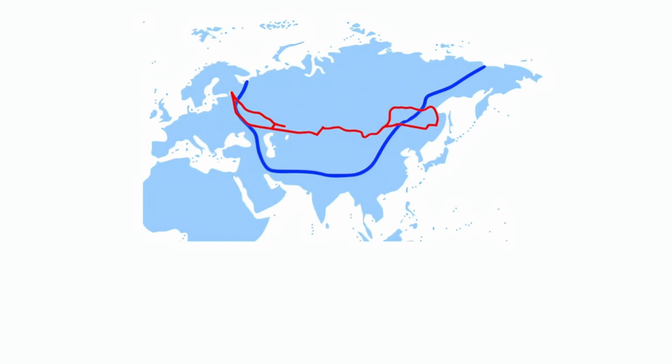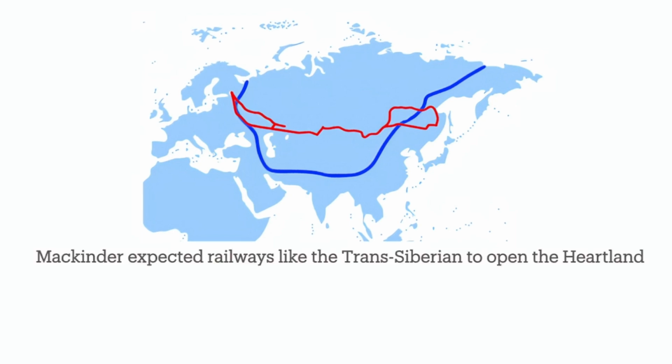In his view, that combination made the heartland both a secure resource base and a potential springboard for power over the wider world island.